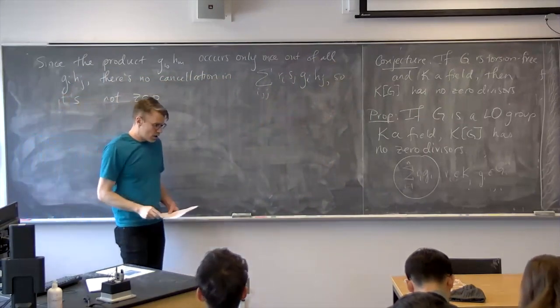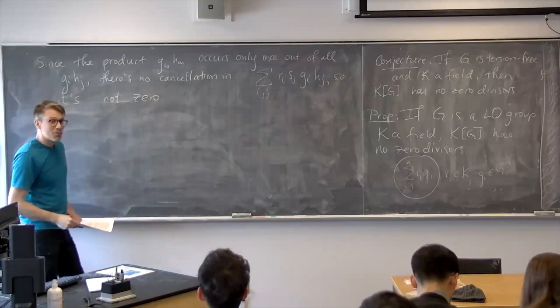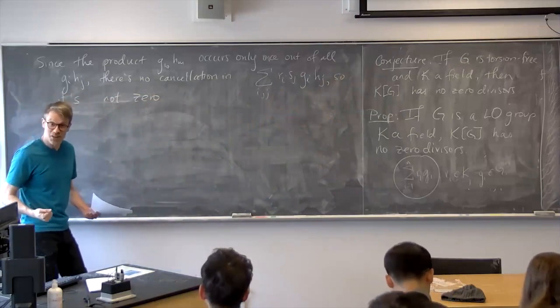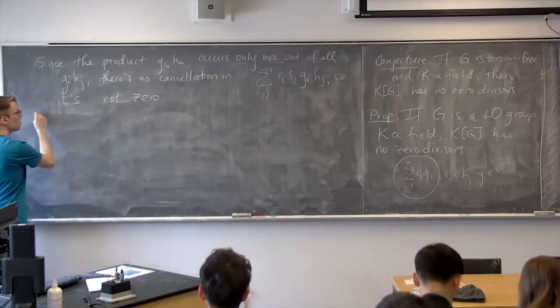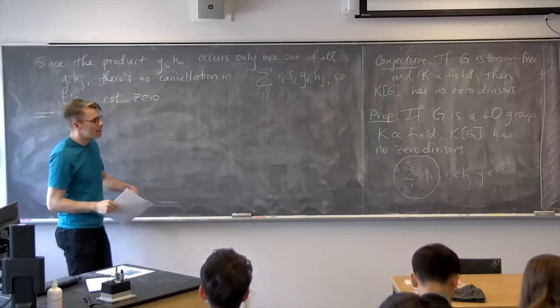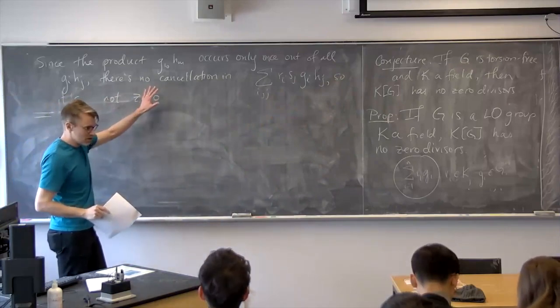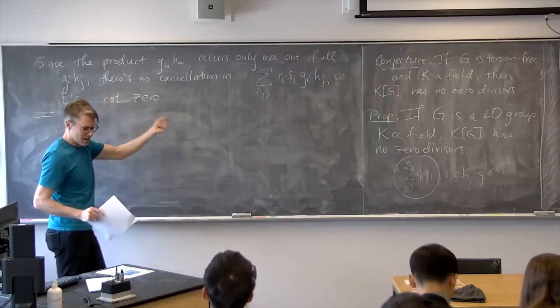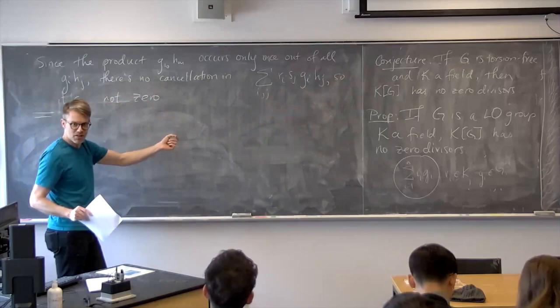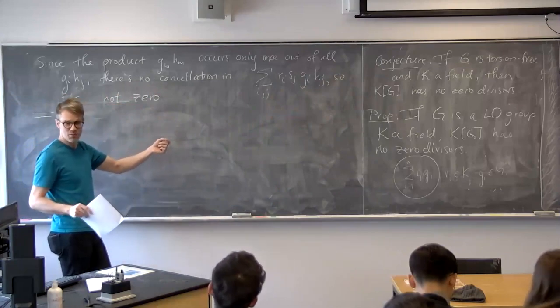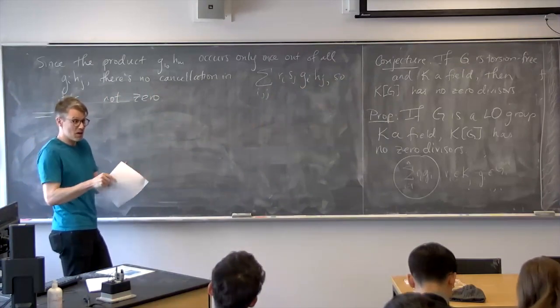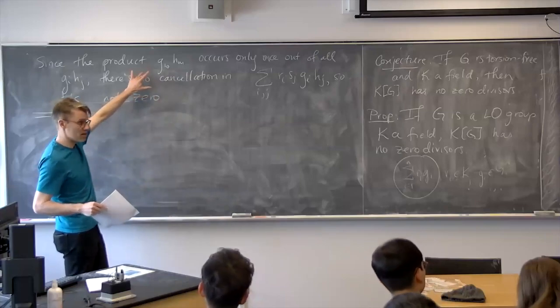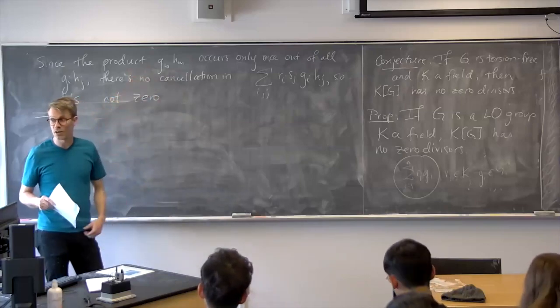So what was the essential thing that made this work, right? There's two ways of looking at it. Just to recap exactly what made it work is that there's an order on the group such that I can take a maximal element out of all the products, and then by virtue of being maximal, that thing somehow ended up being the unique way of combining two elements from the finite sets in order to get that specific product.